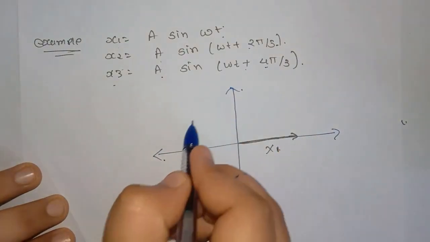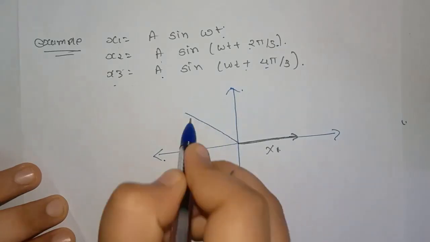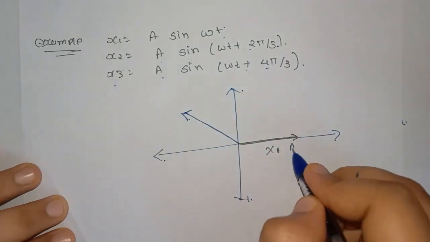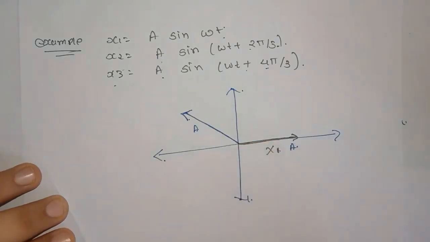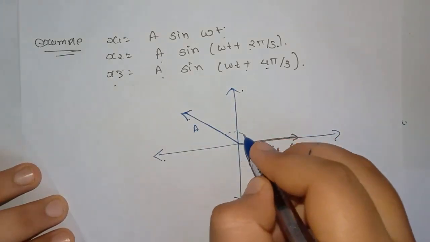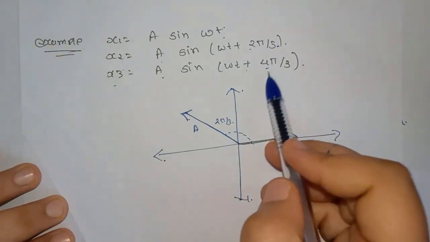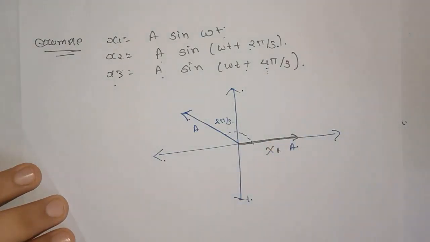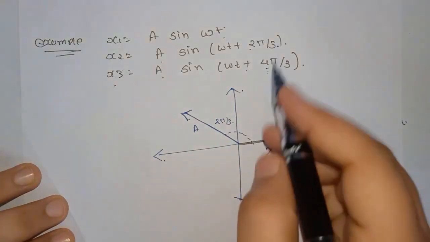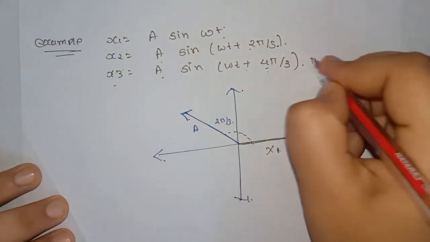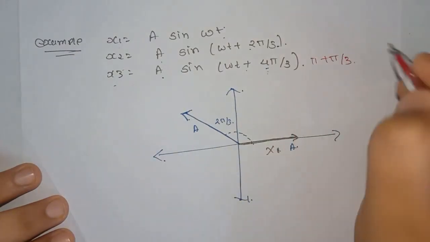It is having magnitude A. This angle will be 2π/3. And the third one is making an angle 4π/3. 4π/3 can be written as π plus π/3.